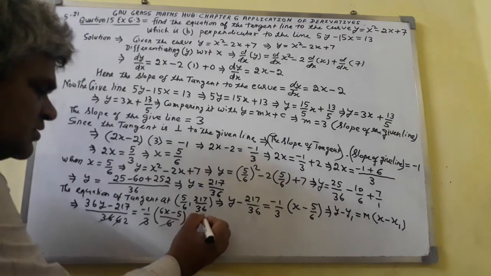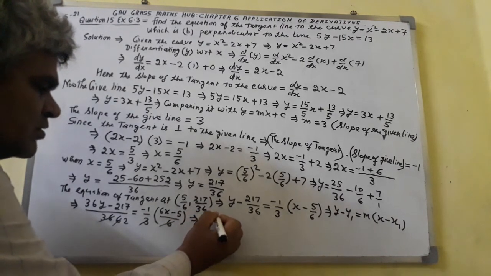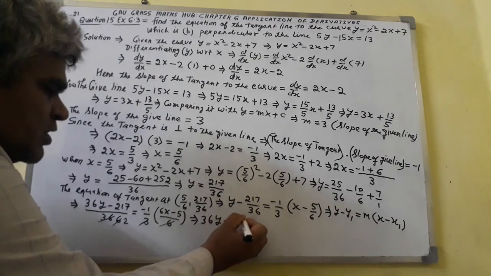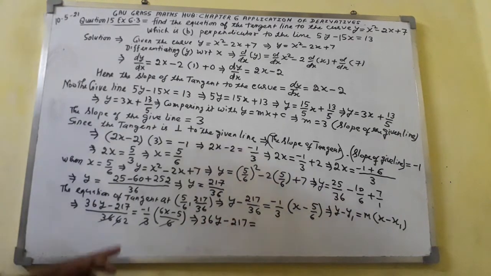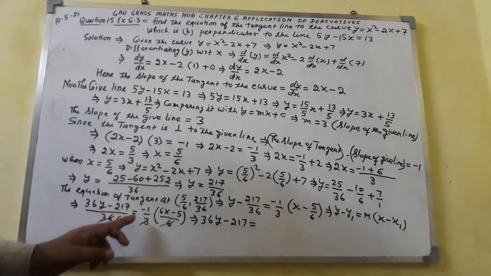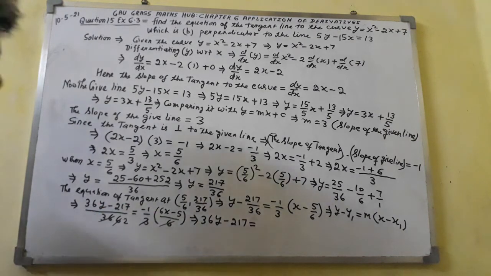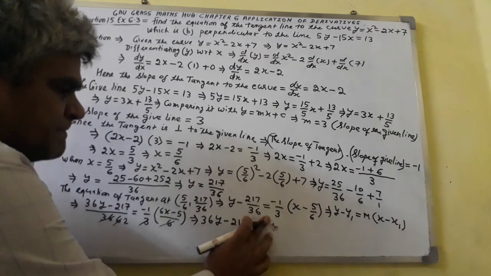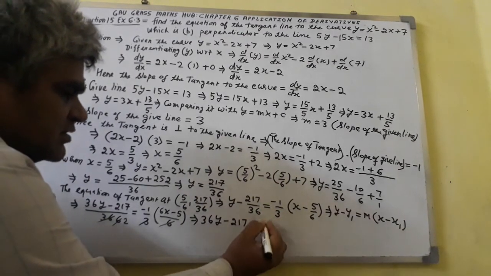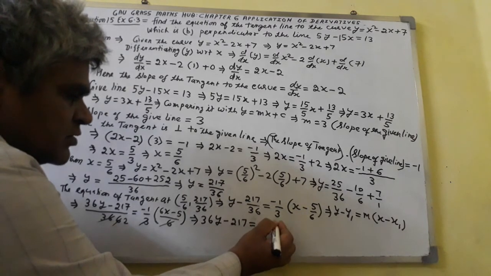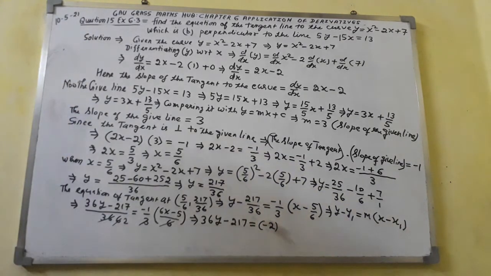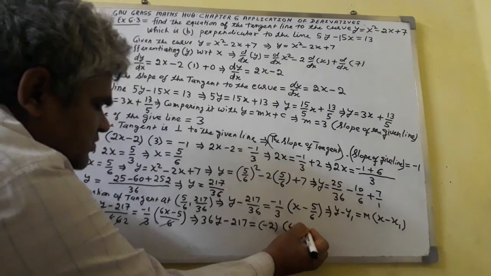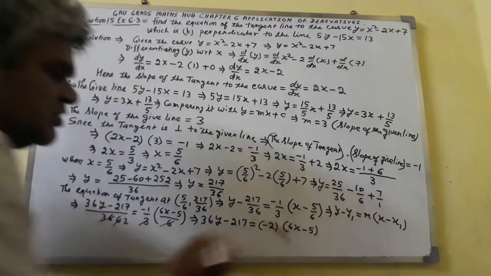You will get 36y minus 217 equal to minus, plus 2 will multiply to minus 1. So here write minus 2, in bracket 6x minus 5. This thing I have got.